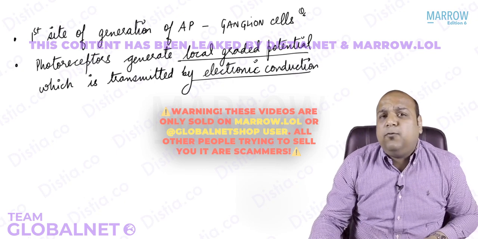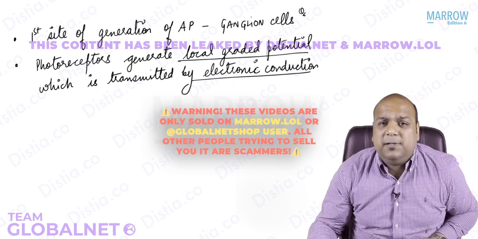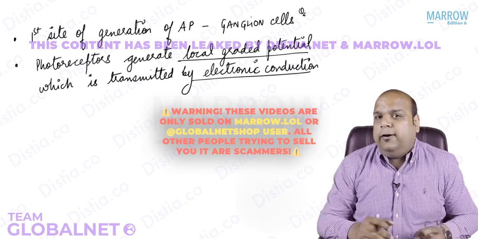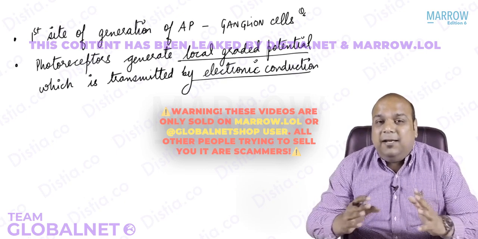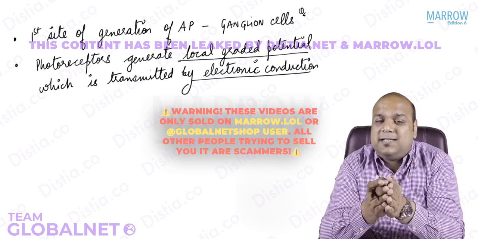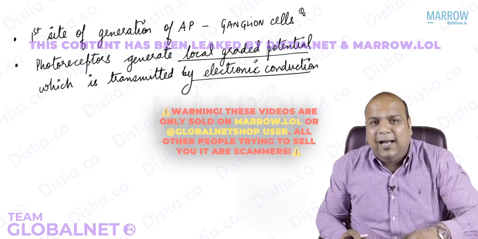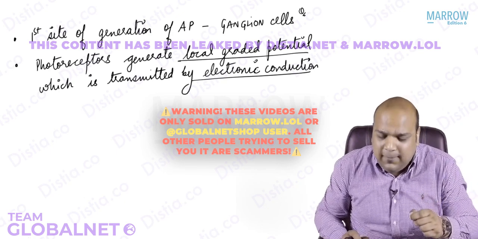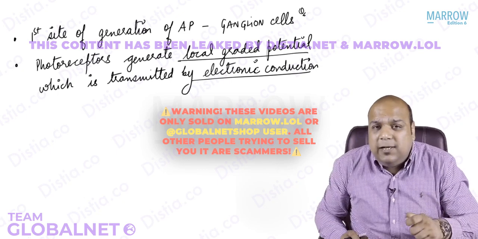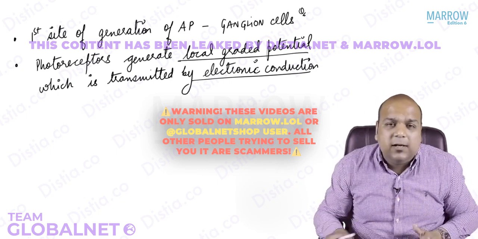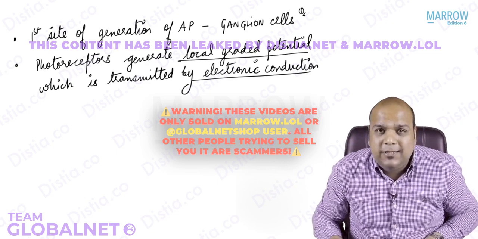I am not saying that the photoreceptors are not generating the visual impulse. Yes, they are generating the visual impulse, but not the action potential. That is local graded potential, everybody. That is summating to the bipolar cells, and then the bipolar cells are transmitting that local graded potential to the ganglion cells, and it is ganglion cells which are actually producing the action potential. Yes, guys? Do we understand this very simply here? No confusion in this, everybody?